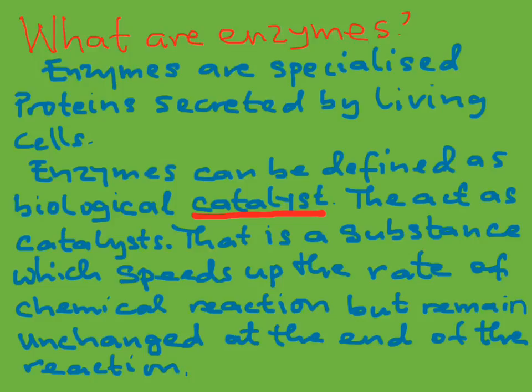This is very important. We have said they are biological catalysts. It means they are proteins. They speed up the rate of chemical reaction but remain unchanged at the end of the reaction.